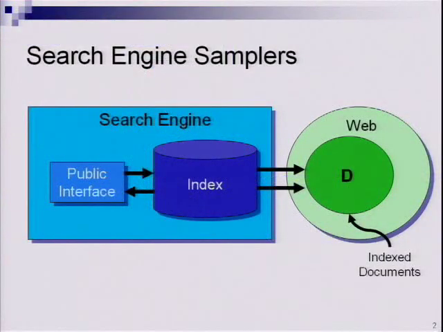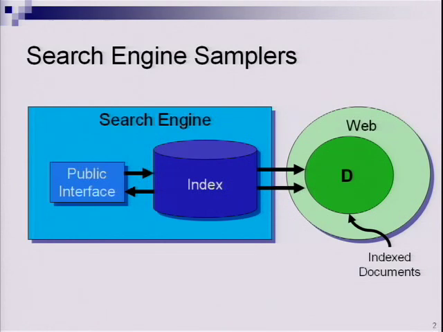So all of you are familiar with how a search engine is built and looks like, and this is a very high-level picture of a search engine. The main data structure is the index, containing posting lists, where each term is associated with one posting list. And the posting list consists of pointers to documents on the web that contain that term.